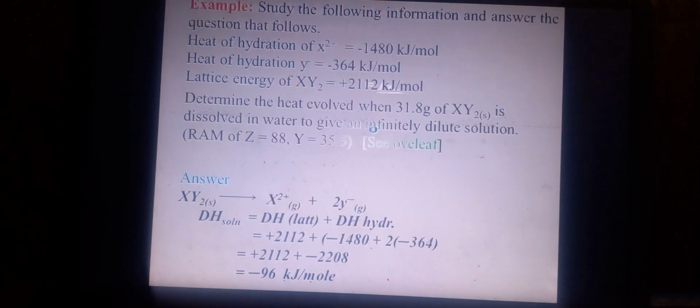You can see how the molar mass was obtained. So if that mass evolves that amount of heat, what about that 1.8 grams? So I think you can be able to see very well. Good.